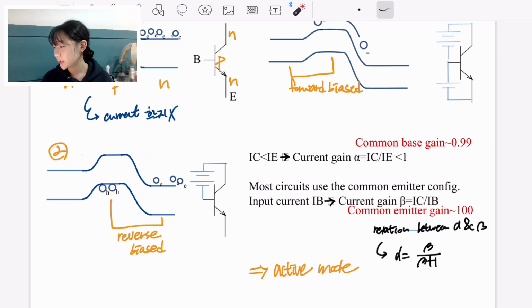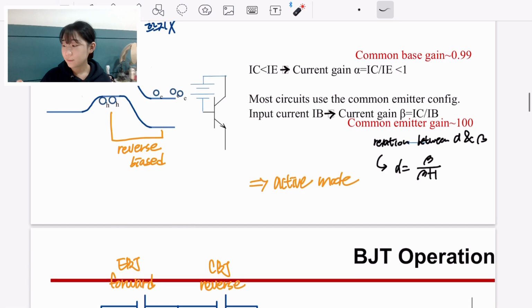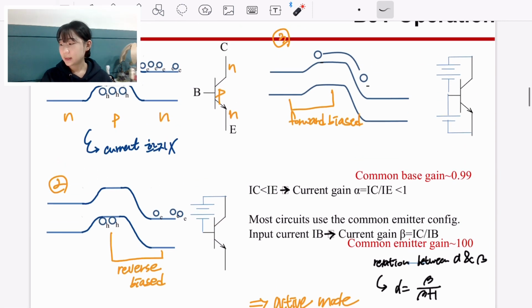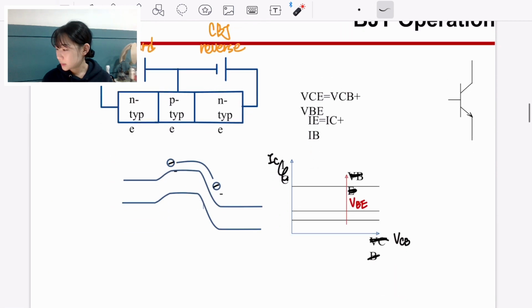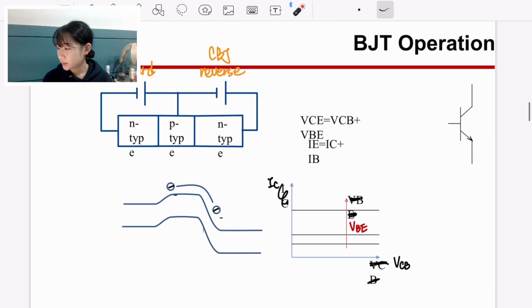We can express it like this. And the mode where we give forward bias in EBJ and reverse bias in CBJ, we call active mode. This is the same as I told you before.